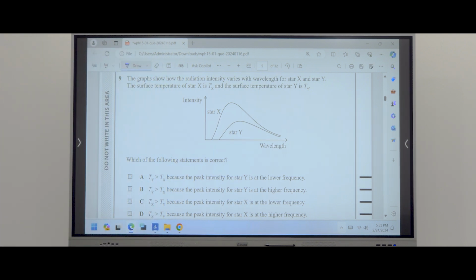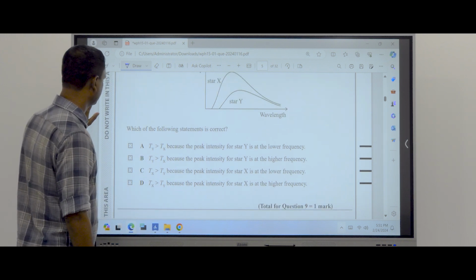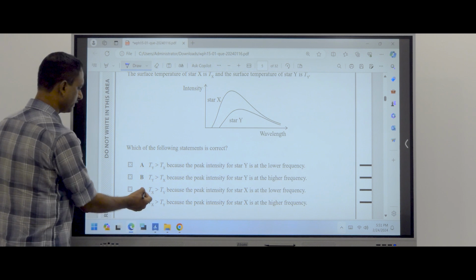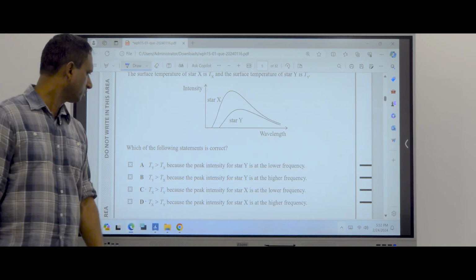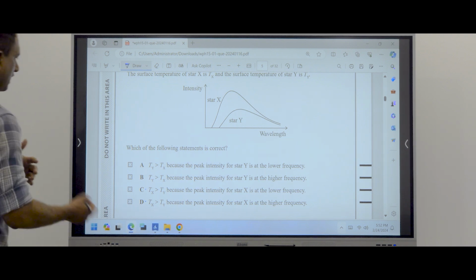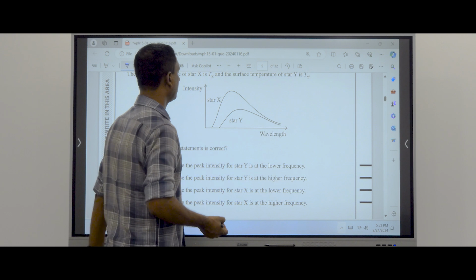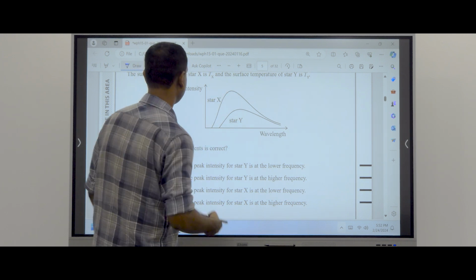Then the temperature is greater in star X, definitely. Temperature X is greater. This or this is the answer. From the graph we can directly get that when one graph is above the other one, it has higher temperature.